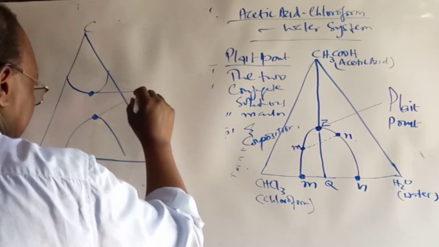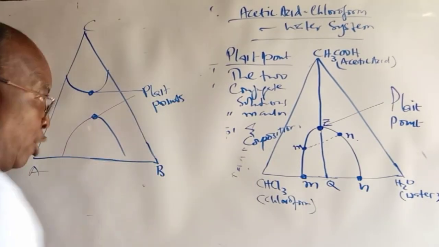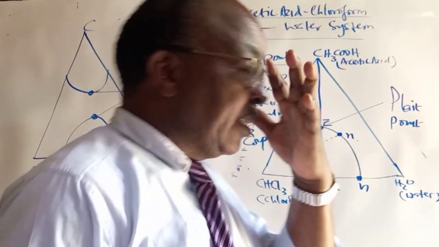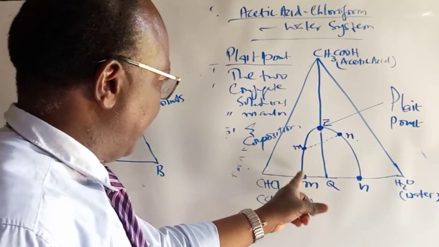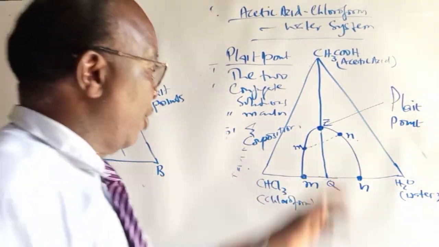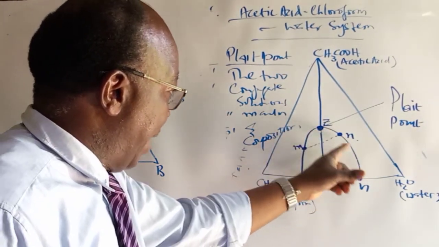Those are Plait points. And don't get the idea that the Plait point must be on the binodal curve. No, it doesn't have to be on this binodal curve. This is just for illustration purposes. The Plait point can be anywhere outside this binodal curve.